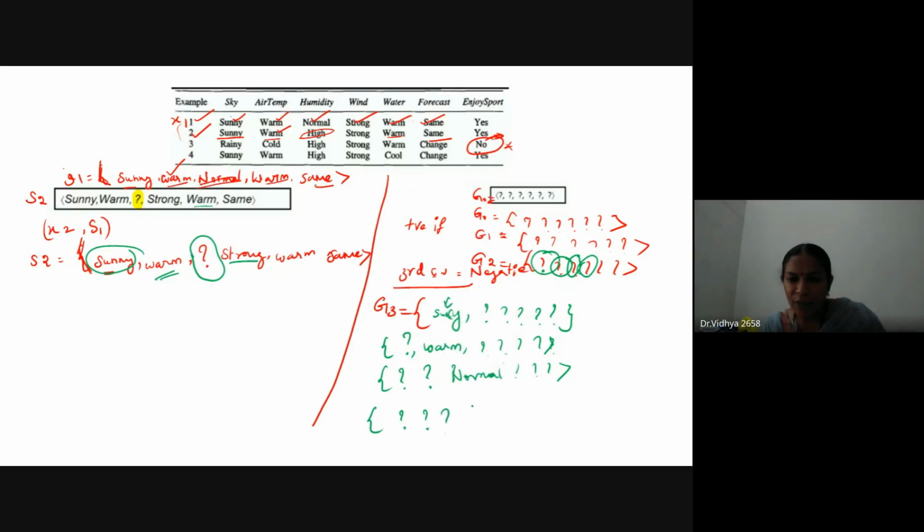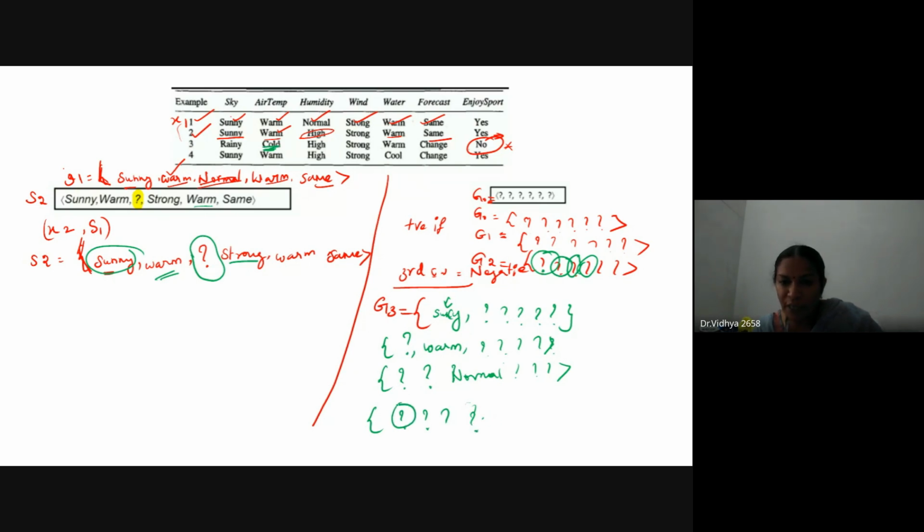Here we have seen that if it is cold and also rainy, cold, high, and wind also strong, and water is warm, and the forecast is also change, then obviously it will lead to the negative instance.